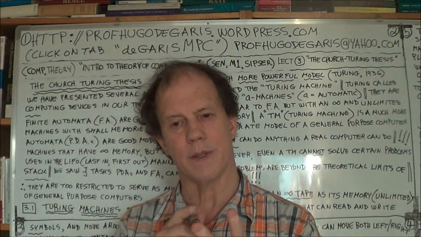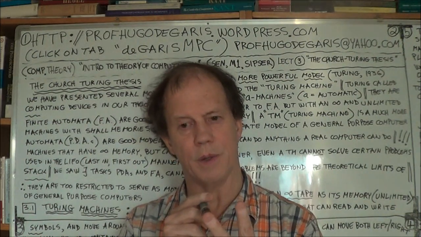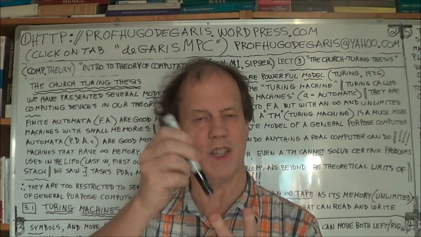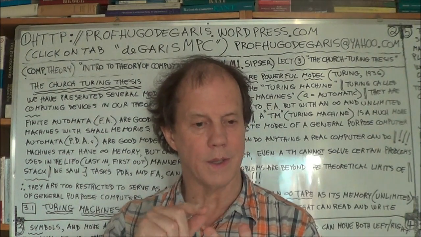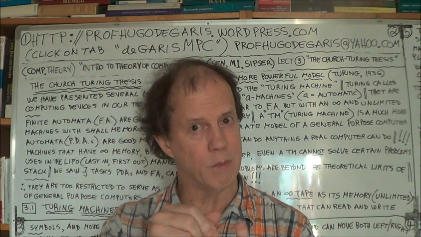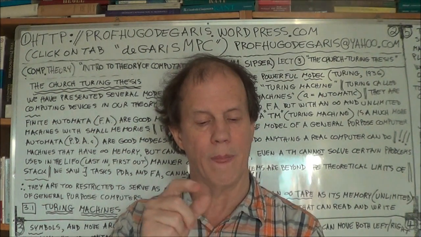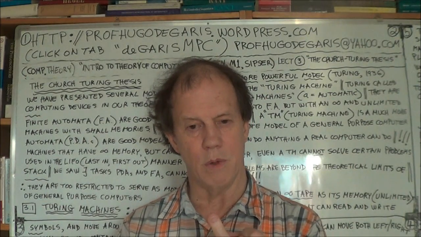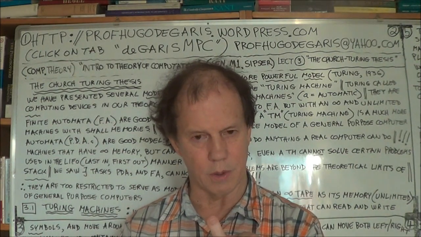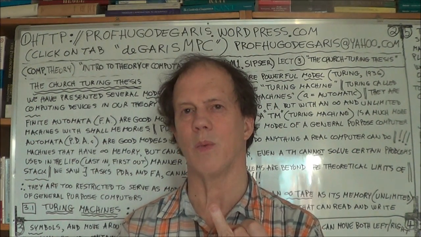What it writes: it may write a symbol onto the same position, the same square. In other words, it would overwrite the symbol that was there, the symbol that it read. Okay, that's the second thing, the write symbol. And the third thing is, does it move 1 square to the left or to the right? Now, if you think about it, it doesn't make any sense to just stay where it is.